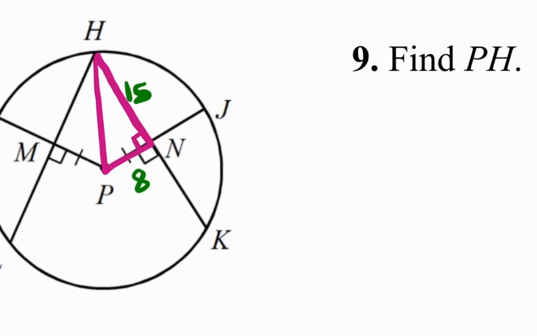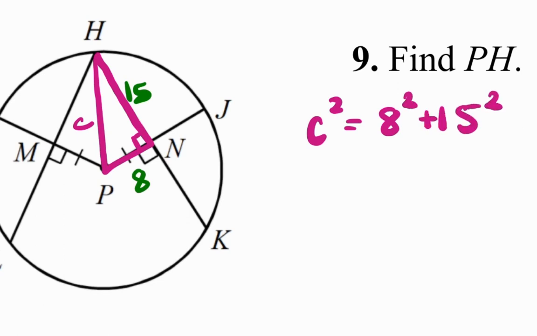So we can use Pythagorean theorem again. So that's our C we're trying to find. So C squared is equal to 8 squared plus 15 squared.